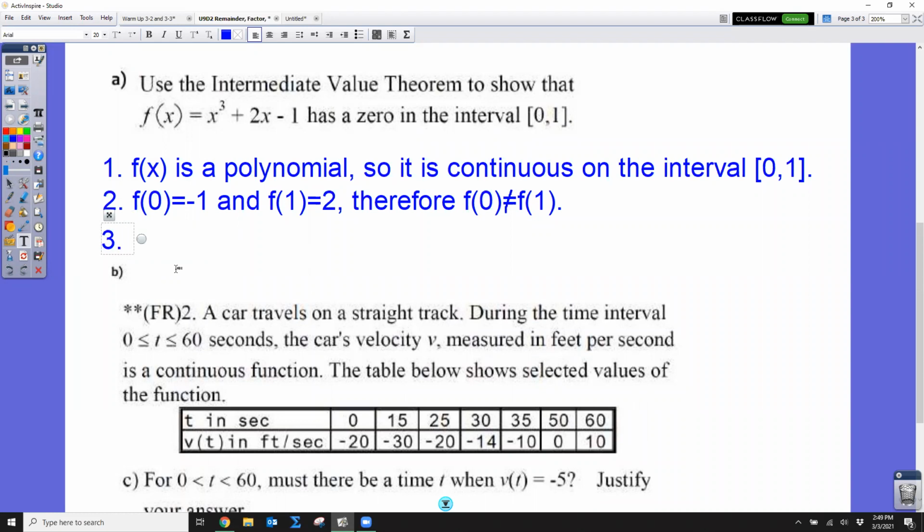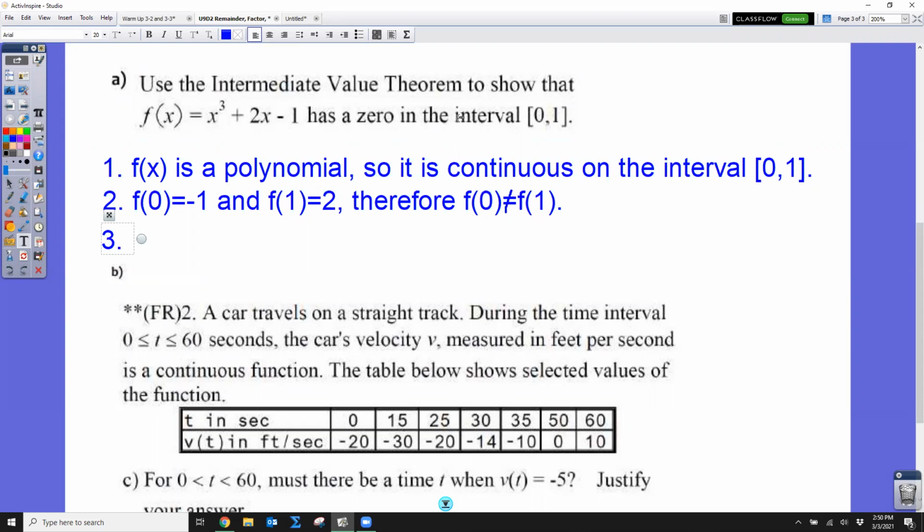So the last thing we need to do is, is there some k between f of 0 and f of 1? All right, is there a number between -1 and 2, the number we're concerned with? The number we're concerned with is, it says show that this polynomial has a 0 in that interval. Remember, that means that it's where it crosses the x-axis. That's when y is equal to 0.